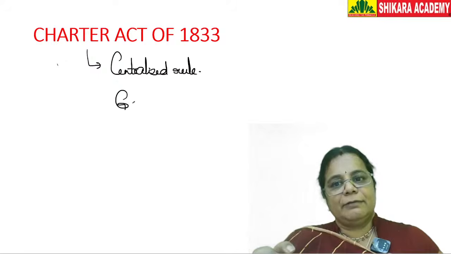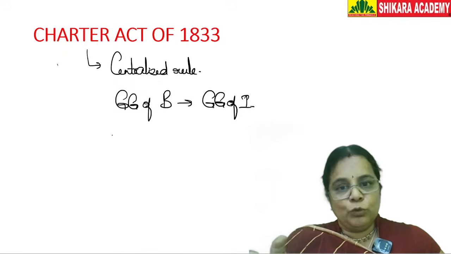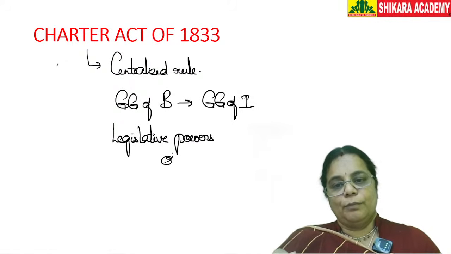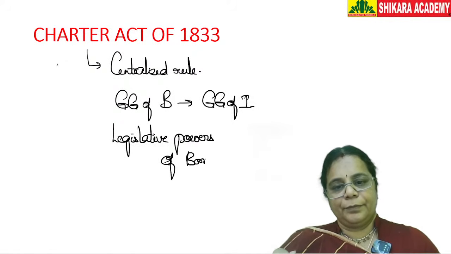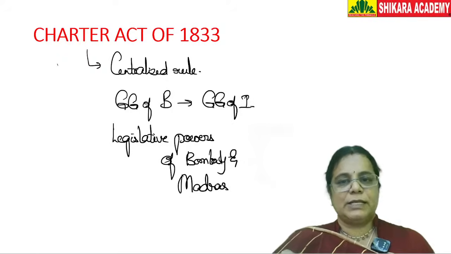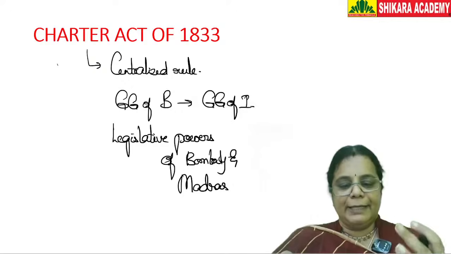It designated the Governor General of Bengal as Governor General of India, and it removed the legislative powers of the Bombay and Madras presidencies. So with this, it was like a major leap towards centralized rule in India.